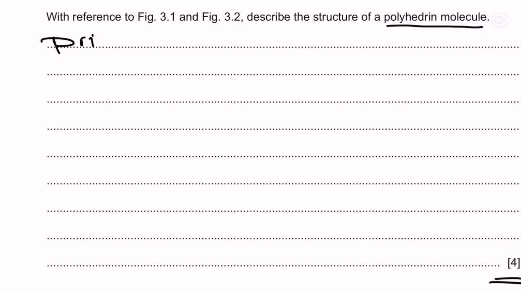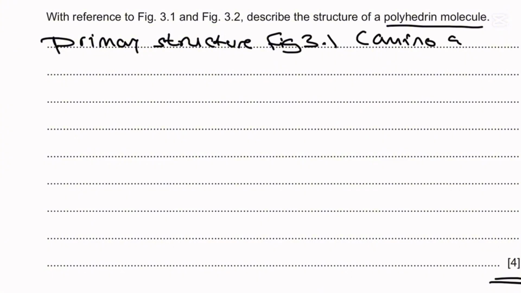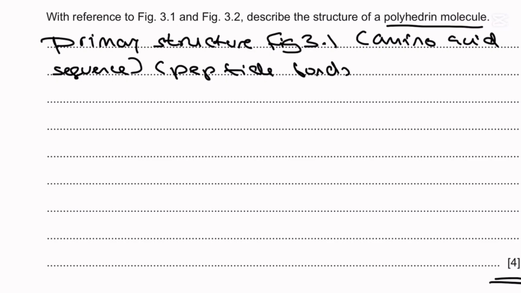So you have a primary structure in figure 3.1, which is the definition, amino acid sequence, and it involves which kinds of bonds? Peptide bonds. So remember, in every structure, mention its definition and mention the bonds that stabilize it, okay?